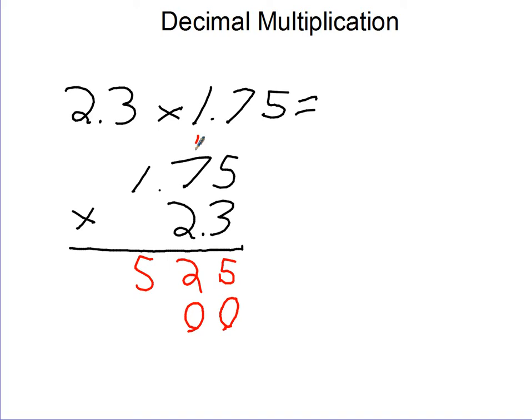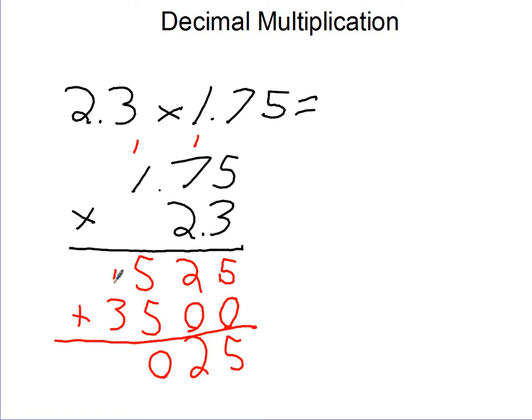Carry the 1. 2 times 7 is 14, plus 1 is 15. Carry the 1. 2 times 1 is 2, plus 1 is 3. Add them up. We have 5, 2, 5 plus 5 is 10. Carry the 1. 1 plus 3 is 4.